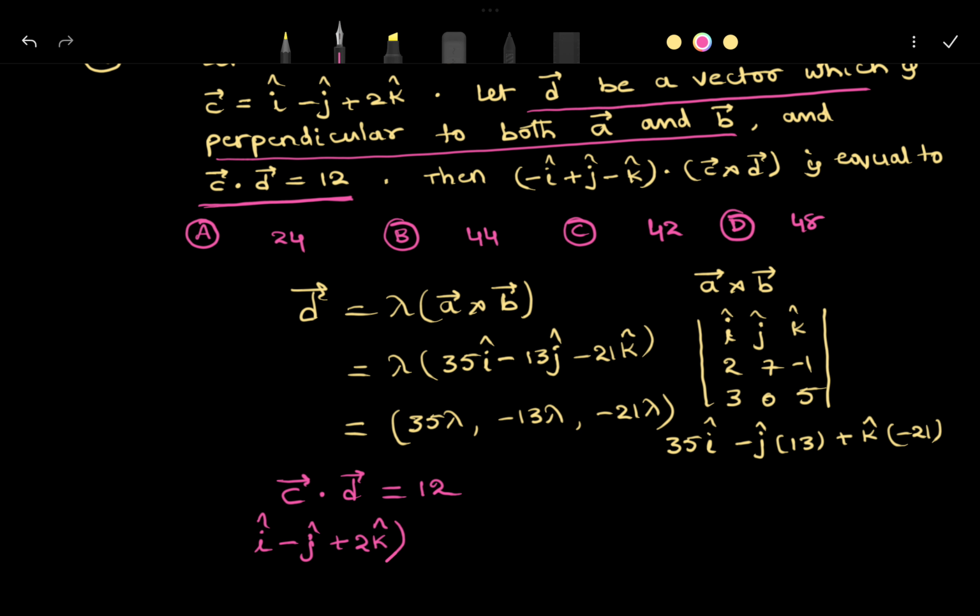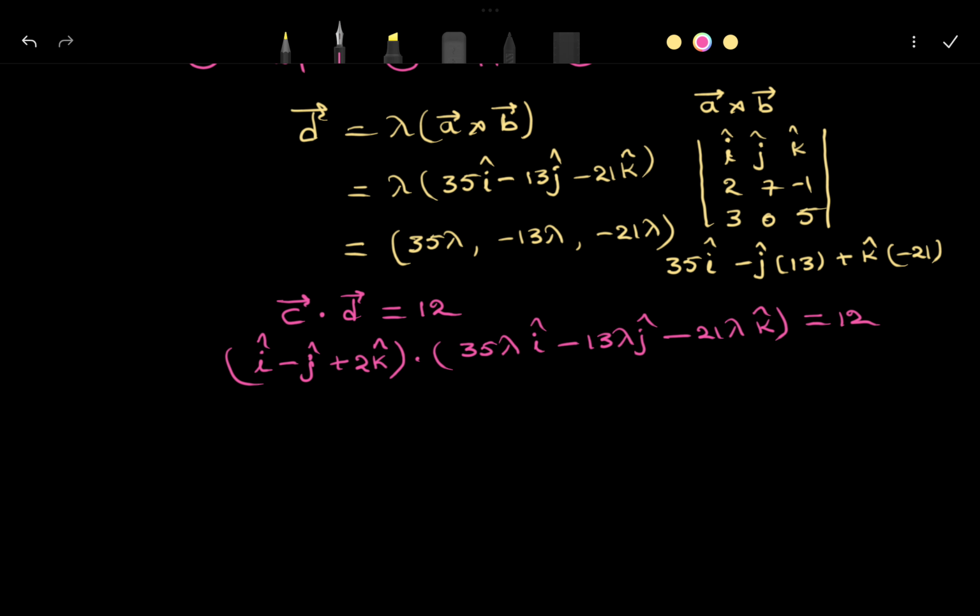This is c bar dot d bar. So what is d bar? 35 lambda i cap minus 13 lambda j cap minus 21 lambda k cap. This value will be equal to 12.